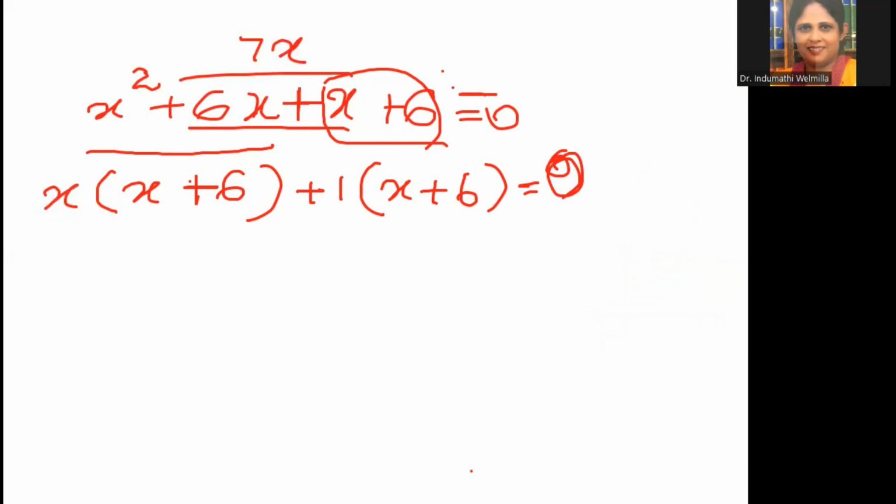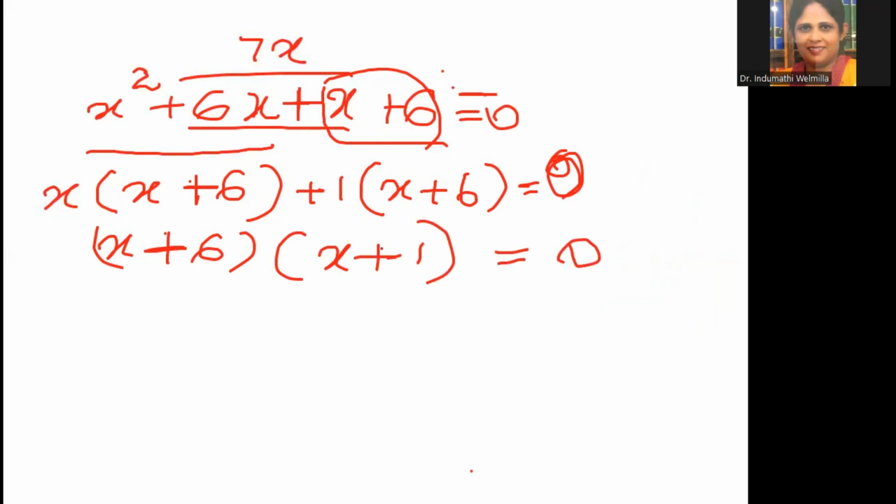So now we are still factorizing our given equation. One factor is x plus 6, the other factor is x plus 1. Then we have two factors, and we can find the value of x, right? Because x plus 6 equal to 0 or x plus 1 equal to 0.